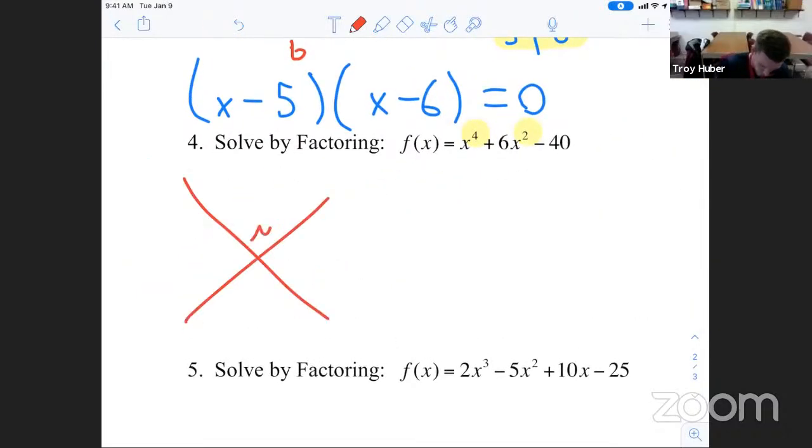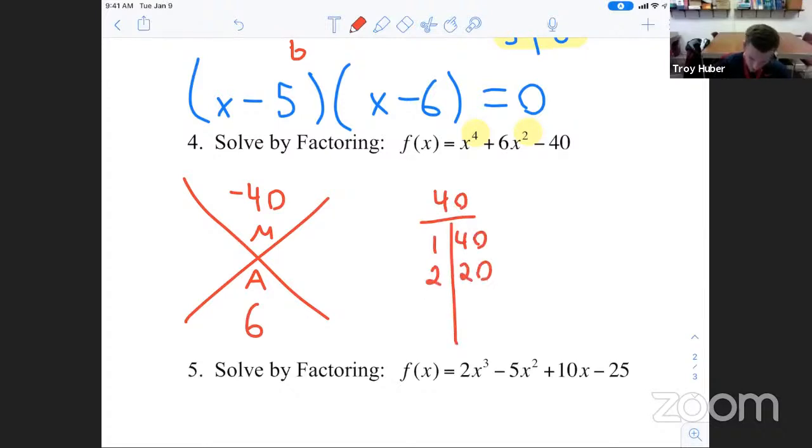We're going to multiply and add, multiply to 1 times negative 40. So we want to multiply to negative 40. We want to add to positive 6. So let's list out some factors of 40. 1 times 40, 2 times 20, 4 times 10.